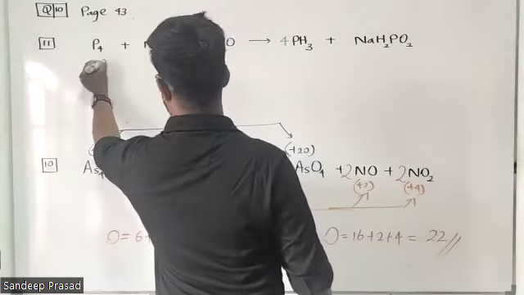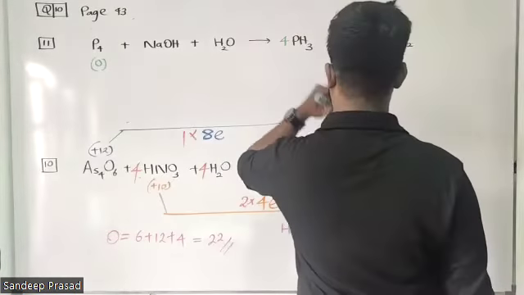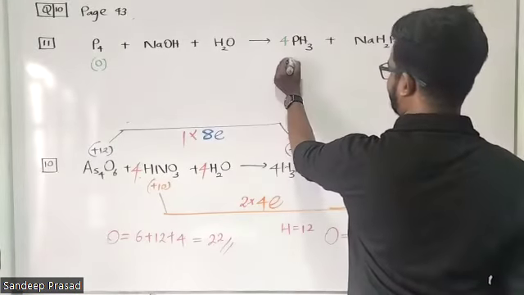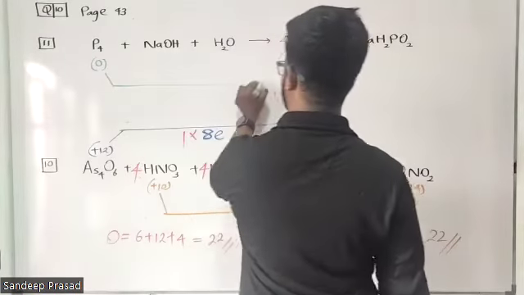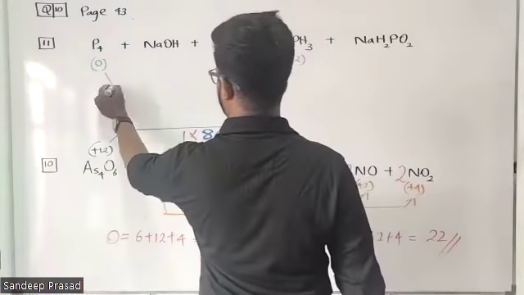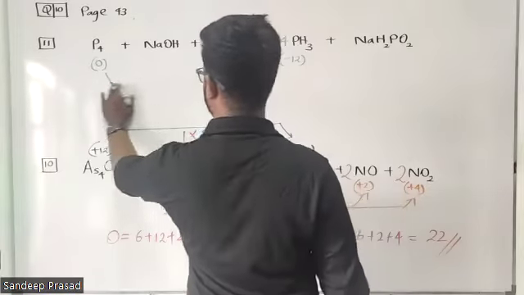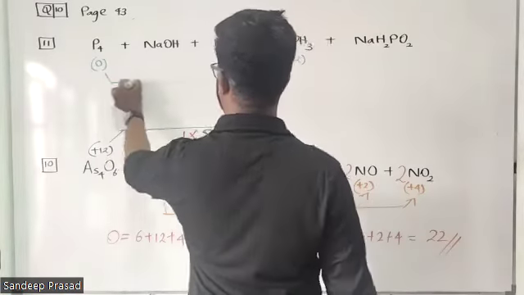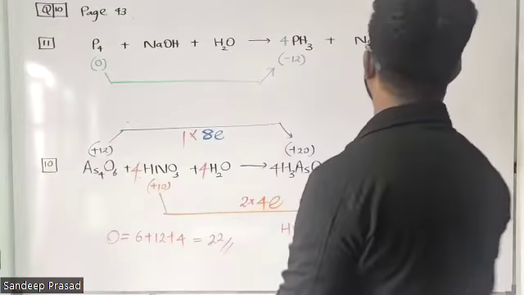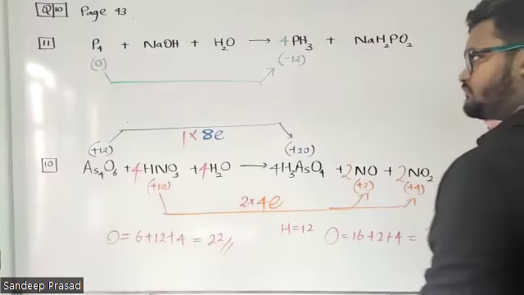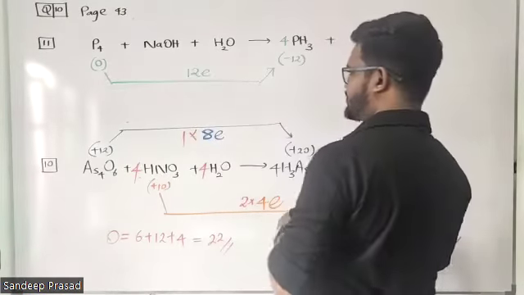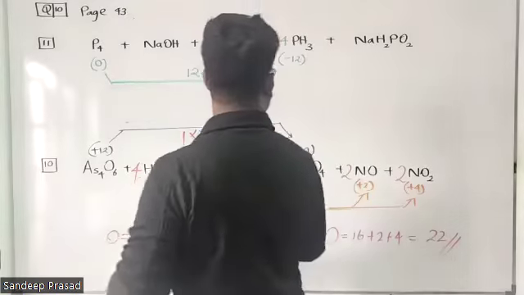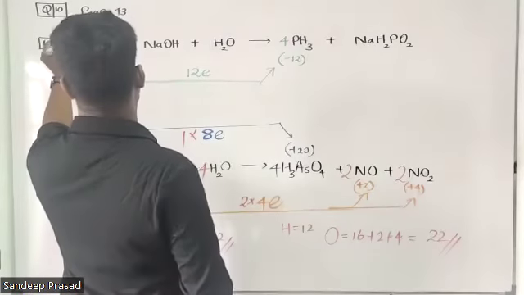Here phosphorus is 0. Here we can see that minus 3 into 4 is minus 12. So the decrement is 12. So this is a disproportionation reaction. Therefore, let me write down here another P4 molecule.